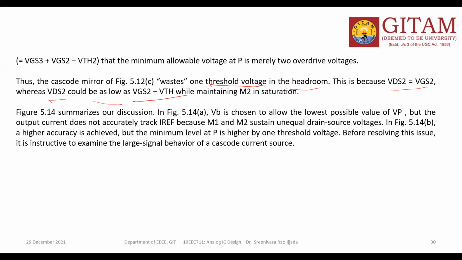The output current does not accurately track I reference because M1 and M2 sustain unequal drain source voltages. So your I out is not exactly the same as I reference. I out should be according to our requirement; I out should be I reference. Simply we can say this is tracking, but your I out is not I reference. So higher accuracy is achieved, but the minimum level at P is raised by one threshold voltage.